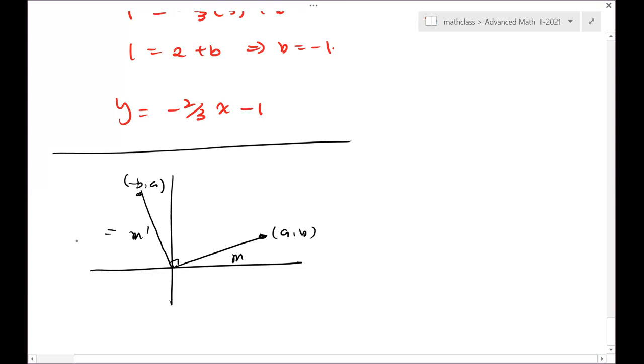So m prime is going to be a over -b. So here's -b over a. So you see that the product is -a over b times b over a, so that's negative.